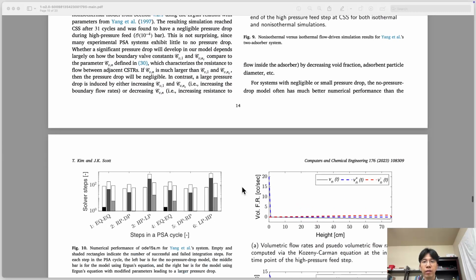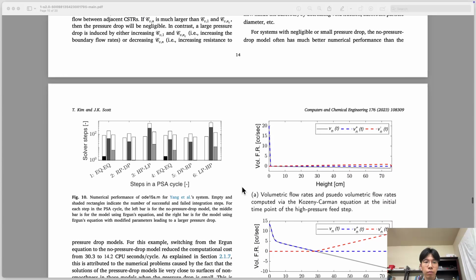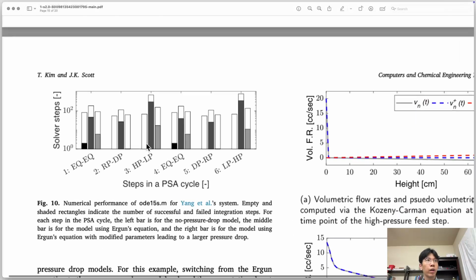And we did some testing about the numerical performance of these solvers. So we actually considered the number of failed integration steps as one of the criteria here.